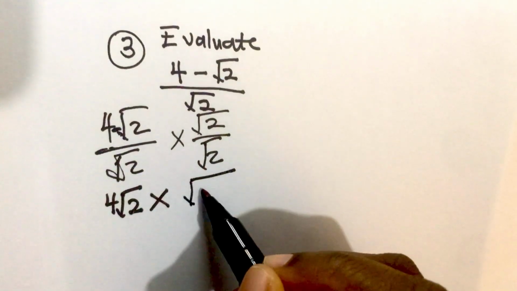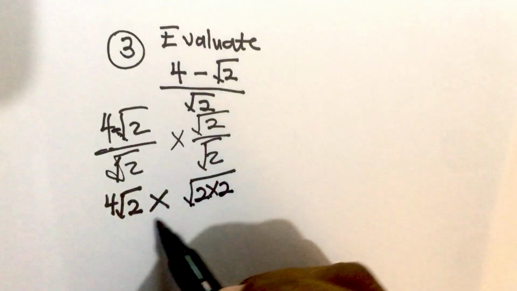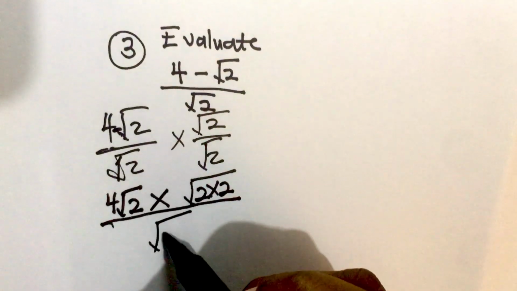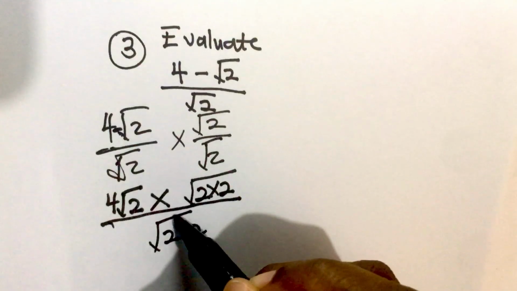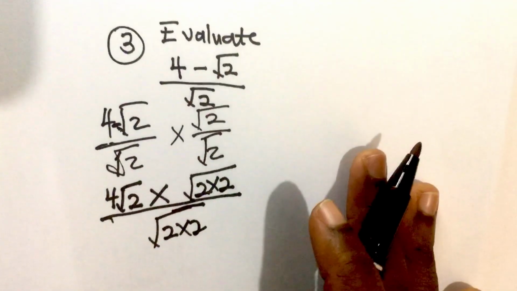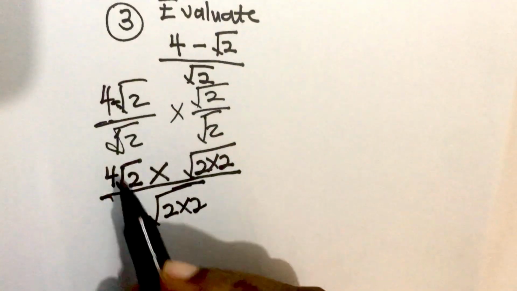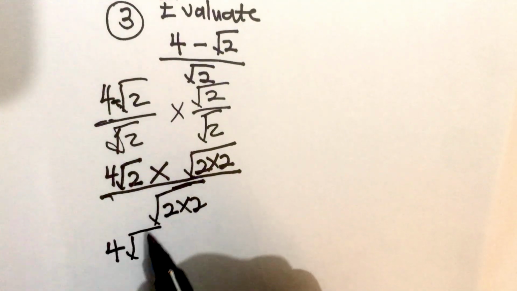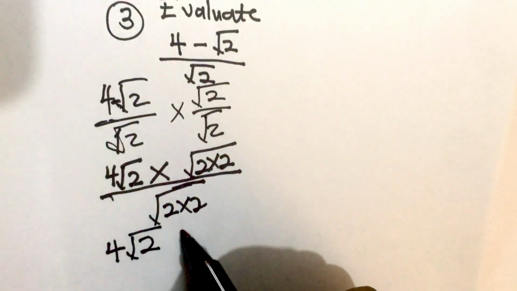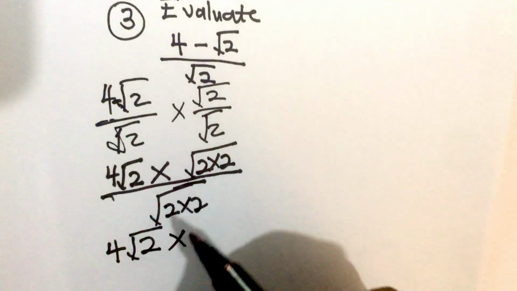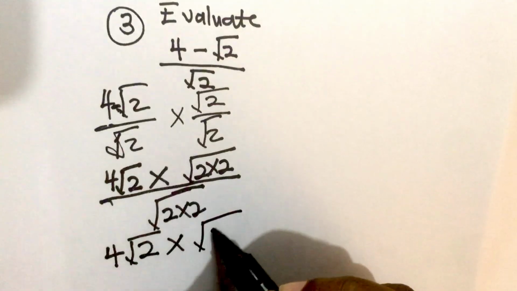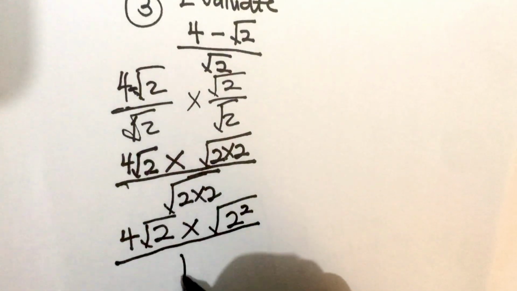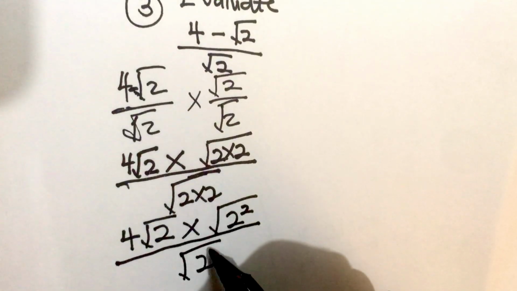The square root of 2 times 2. Okay, let's go further. 4 root 2 cannot be simplified, so we leave it like this, times 2 times 2, that is 2 squared, divided by this one too is 2 squared.